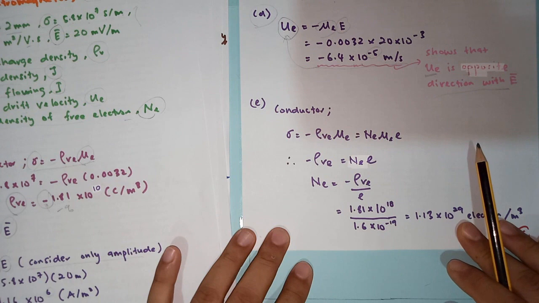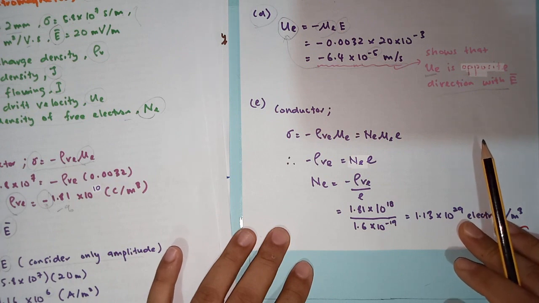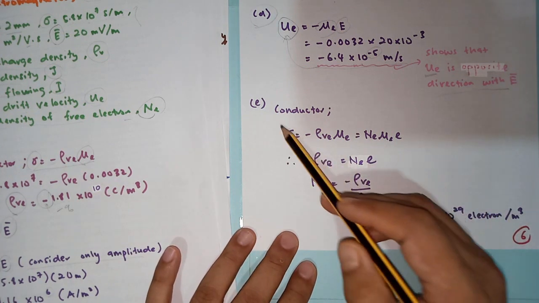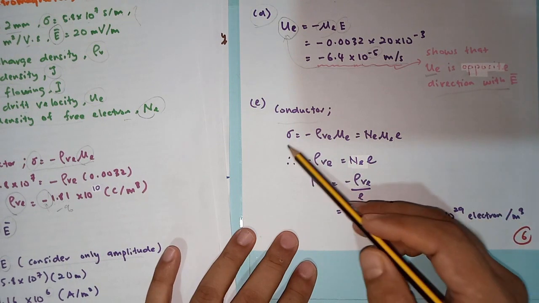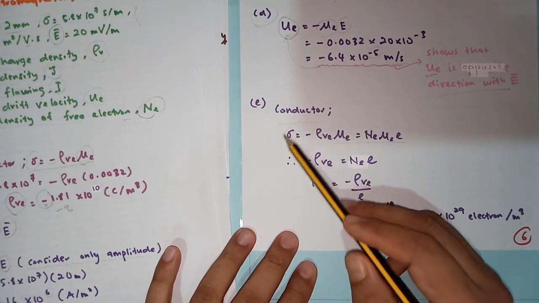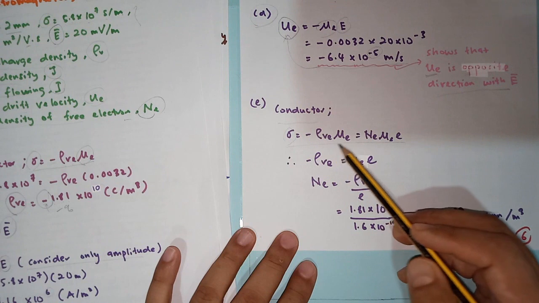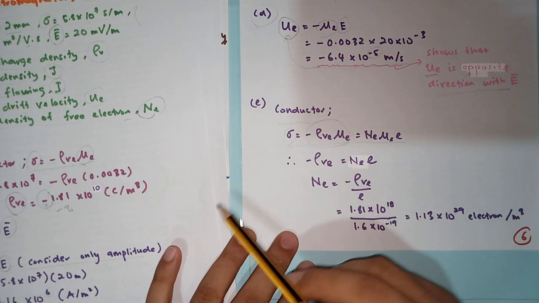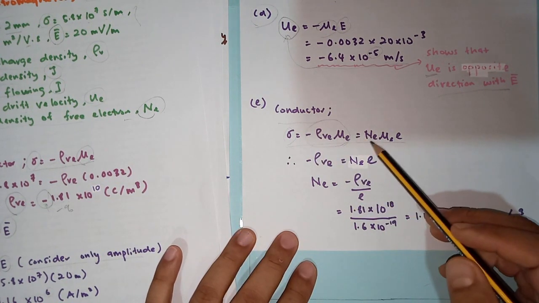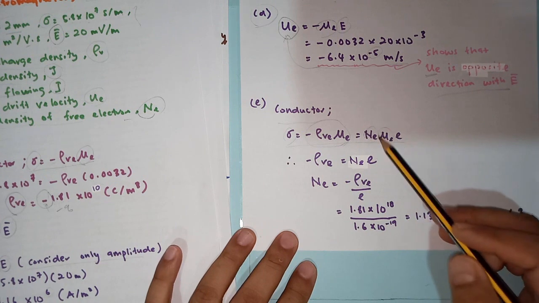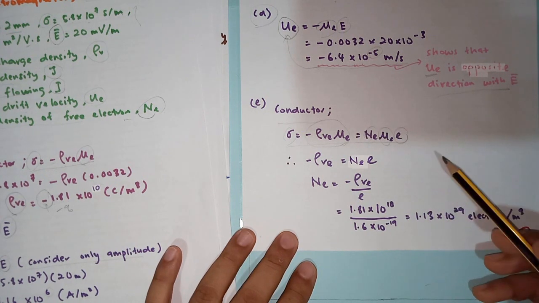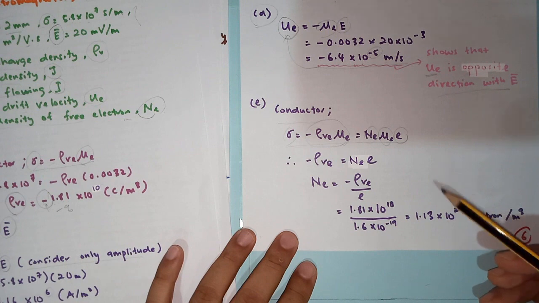In order to find the volume density of free electrons inside this conductor, we can use this expression, where sigma is equal to minus rho_ve mu_e. This is similar to what we had just now, equal to N_e mu_e multiplied by E. The value we want to find here is N_e, which represents the volume density of the free electrons.